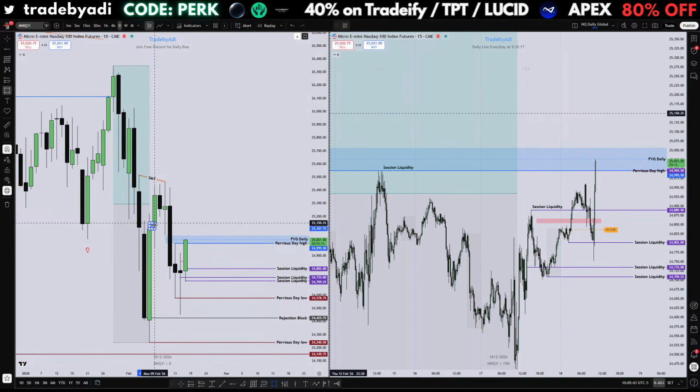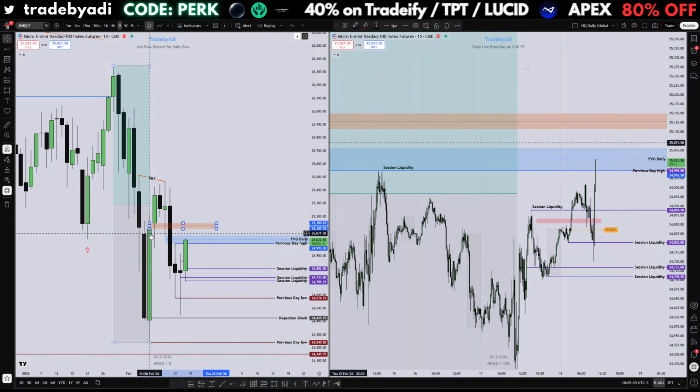We do have this new week opening gap. If we flip this gap, and we do have this gap.